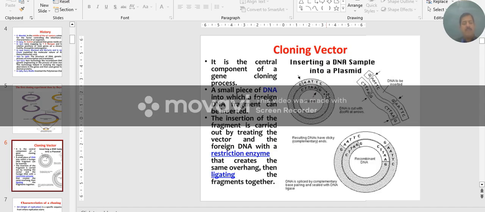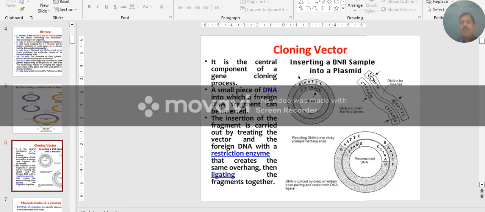Sticky ends are desirable. If you produce blunt ends, then you need another enzyme called DNA ligase in order to join the two open ends of the DNA molecule. Once the plasmid is cut open with the restriction endonuclease, the same enzyme is used to cut the foreign DNA to produce overhanging pieces that need to be inserted.